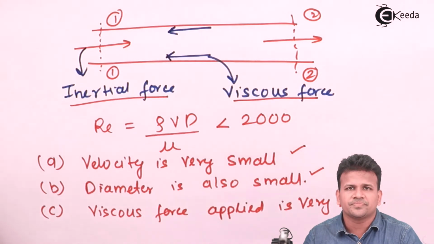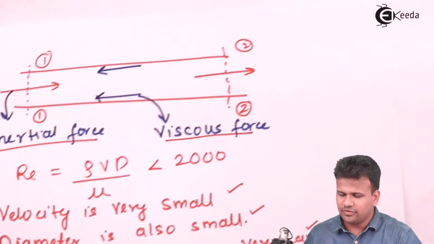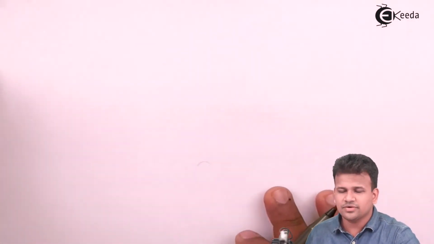then it will flow in laminar flow. Now, next thing we need to understand is that during laminar flow, the adjacent layers of the fluid are parallel to each other.